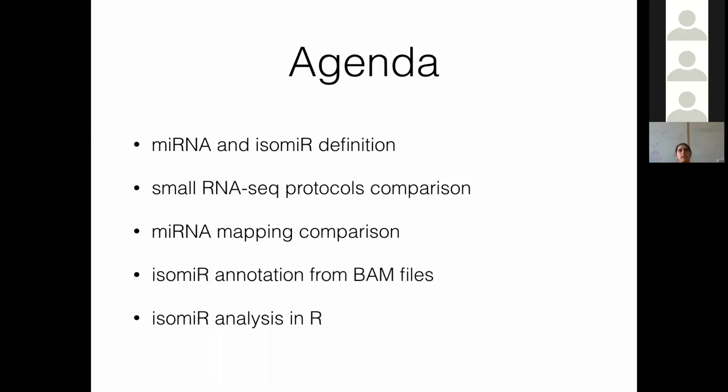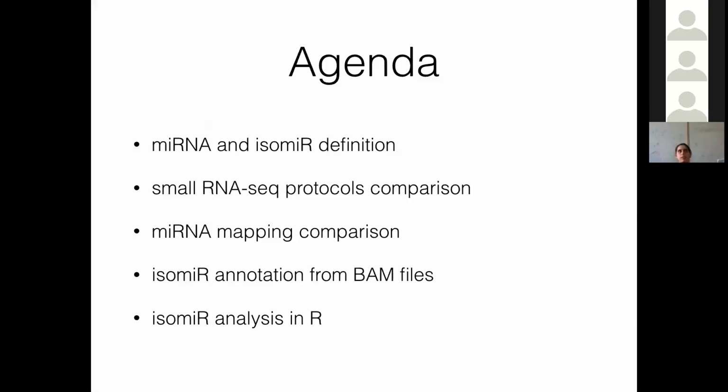Everybody normally has a way to map microRNA, and there are different ways to do it. So I tried to put together what people do, from what I have read in the methods of papers, and see more or less if there is a better solution.